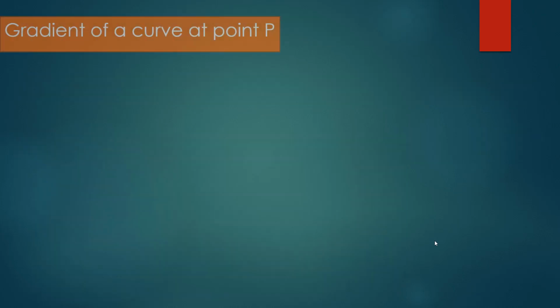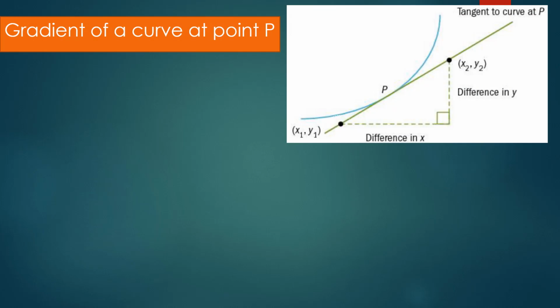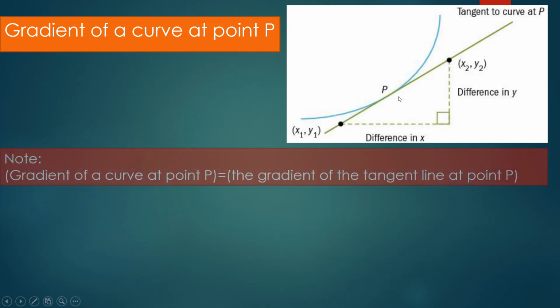So, then, the gradient of a curve at the point P. As we see here, we have a curve colored in blue, and a straight line which is tangent to the curve at the point P. As we said, we can find the gradient by using any 2 points given here, or by using the ratio of the change in y over the change in x.